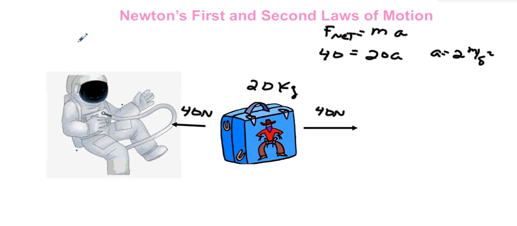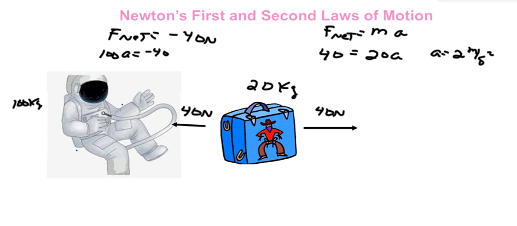Now because we're in outer space, the astronaut's also going to move too. So the net force in this case will equal negative 40 newtons. Let's say the astronaut has an inertia of 100 kilograms, including the suit. So then I'll say 100a is equal to negative 40.